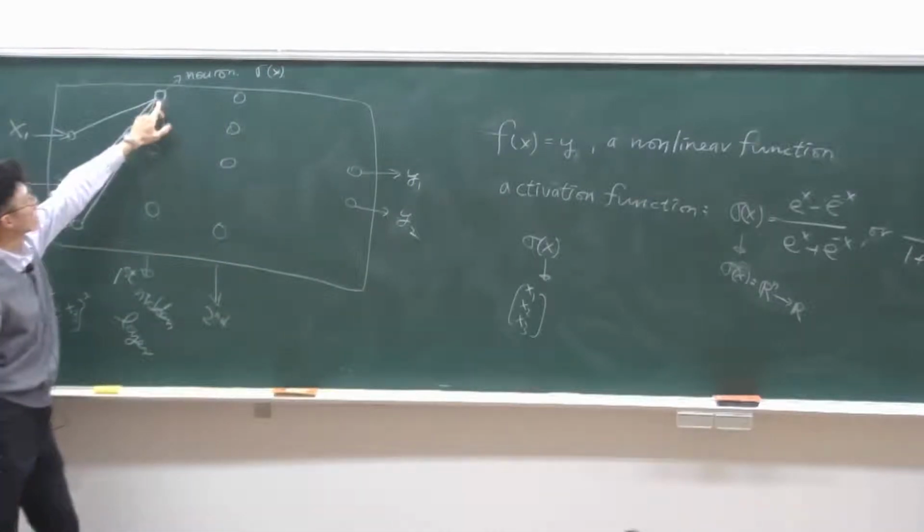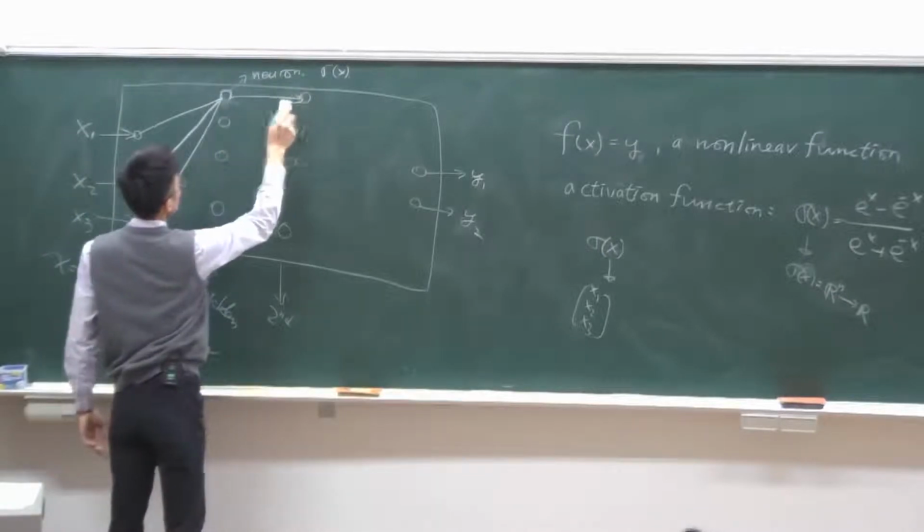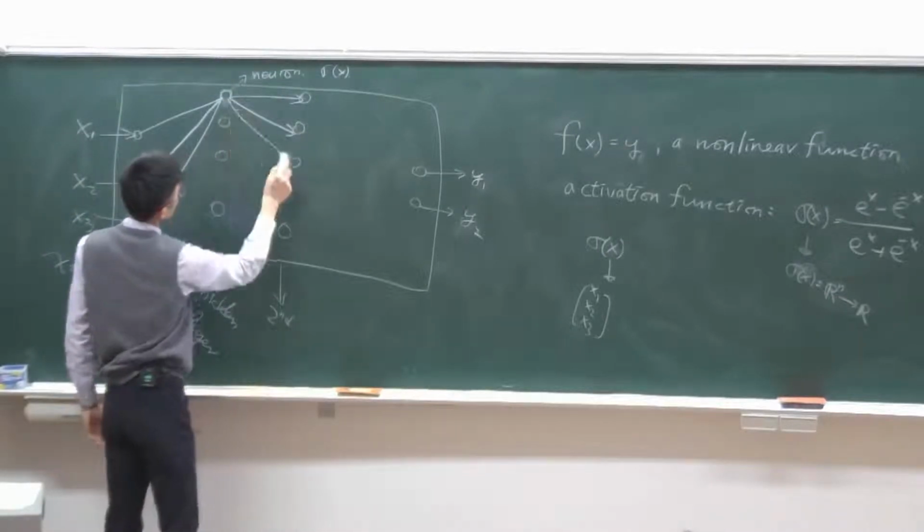The input dimension is 3, output is 1. And the output will also connect to every neuron in the next layer.